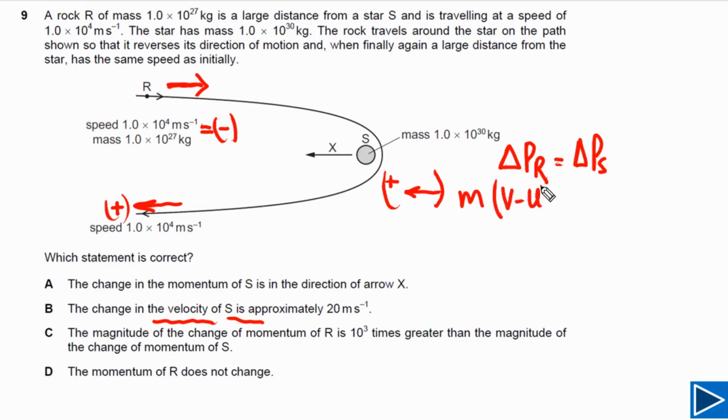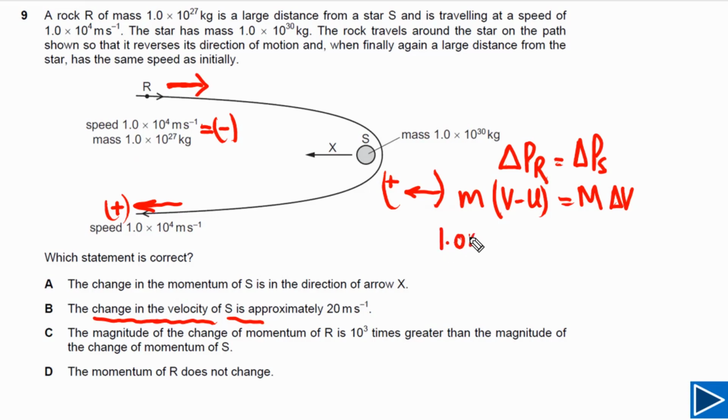Now we need to write down the change in momentum, so we can say this will be m(V minus U), and for the star we will simply write down the mass of star and we will just simply write down delta V, because we need to find the change in velocity. So this is our change in velocity. This is what we need to find out. Now in this case the mass of the rock is given, so we can just plug in values.